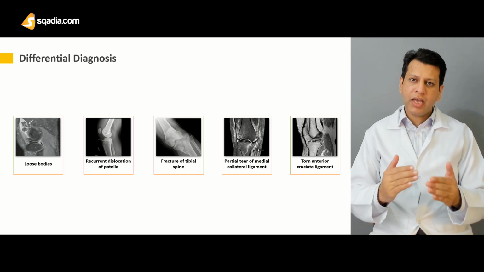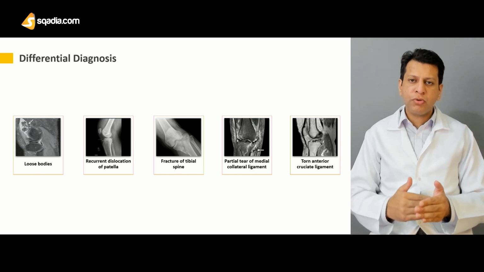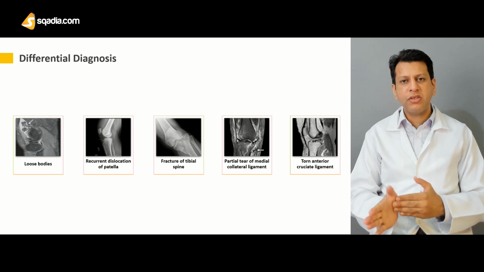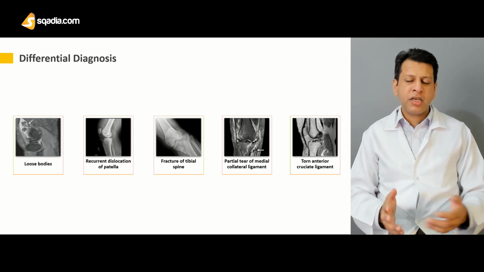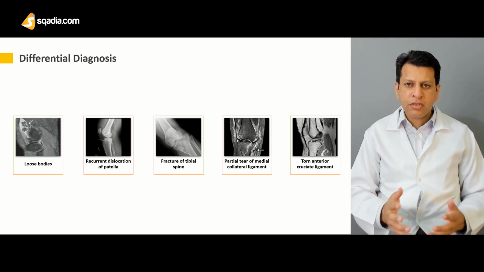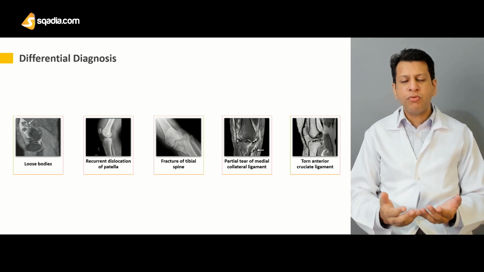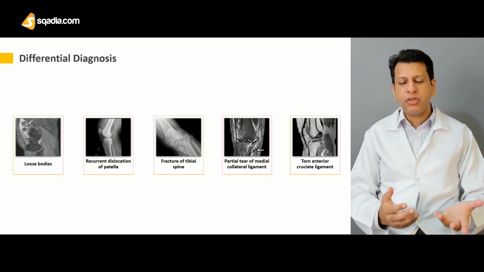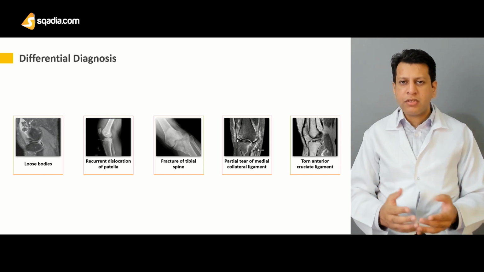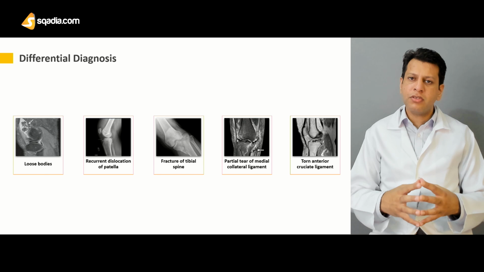Therefore, we need to have an MRI to be absolutely sure, because unless we reconstruct the ACL, meniscectomy, partial meniscectomy, or even meniscus repair is of no use, because the ACL deficient knee would eventually lead to degeneration of the meniscus despite the treatment of the meniscus injury.